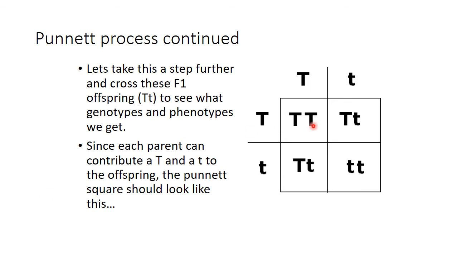We will have big T for the first one, little t for this one down here, and these two will be heterozygous. If we count this out, we see that we get a 3 to 1 ratio of tall to short.